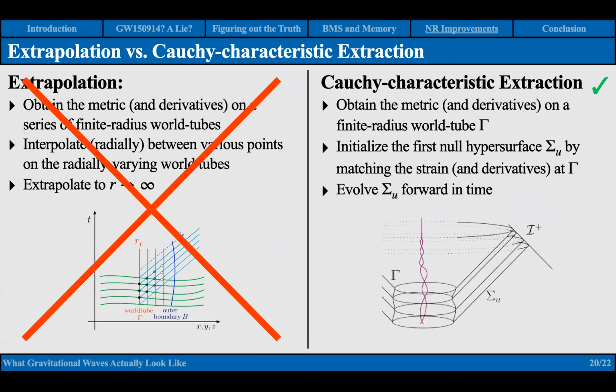The idea that we have is, right, memory is this clearly nonlinear effect. And moreover, it's not nonlinear in the strong regime, it's nonlinear in the weak regime. So it's nonlinear as your wave is propagating. And because extrapolation is just extending the interior region, which really just captures strong interactions, by not capturing these nonlinearities in the weak regime, because it's not actually solving Einstein's equations, it doesn't actually get memory.